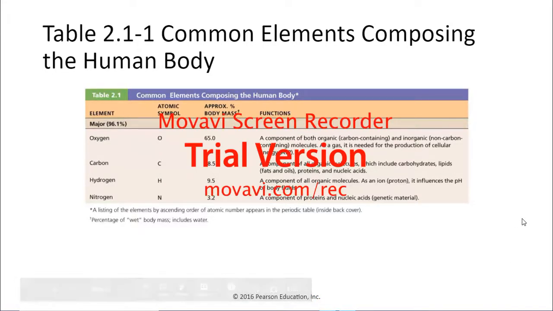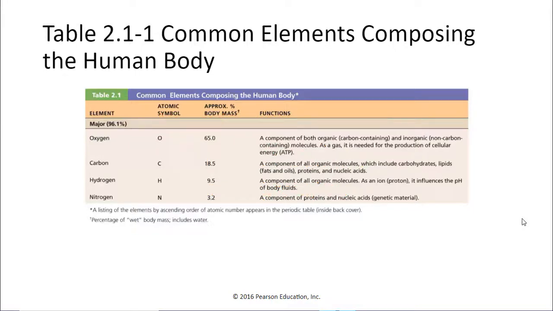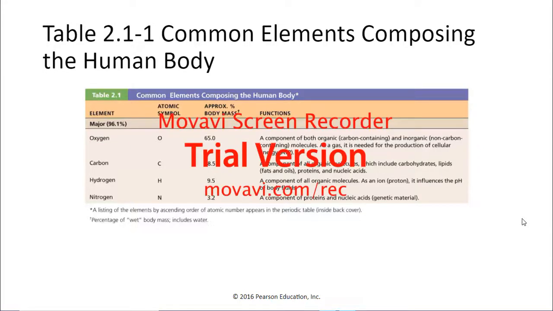So this table summarizes some of the functions of common elements in the body, talking about oxygen, carbon, hydrogen, and nitrogen.